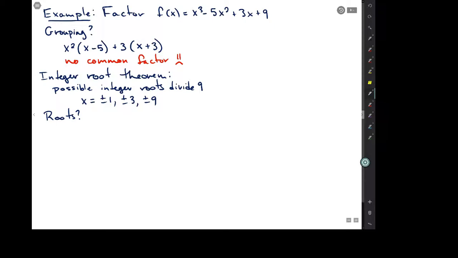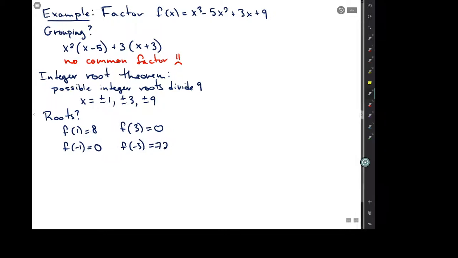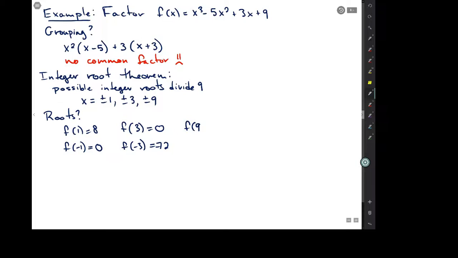If I plug in 1 to f, I end up getting 8, so that's no. If I plug in minus 1, I get 0, so yep, x equals minus 1 is a root. If I plug in 3, I get 0, so there's a second root. So far, so good. If I plug in minus 3, I end up getting negative 72. If I plug in 9, I get 360.